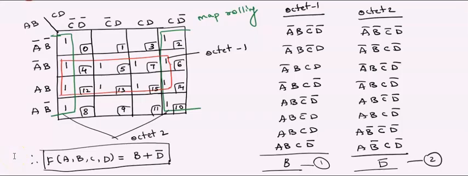I hope you have understood this problem, how to solve this. So this is the way and this is the same procedure you have to apply. Just you have to find which is the octet structure. Either you make it rolling, you have to see the similarity. Which is the single cell that is formed, which are the pairs that are formed.